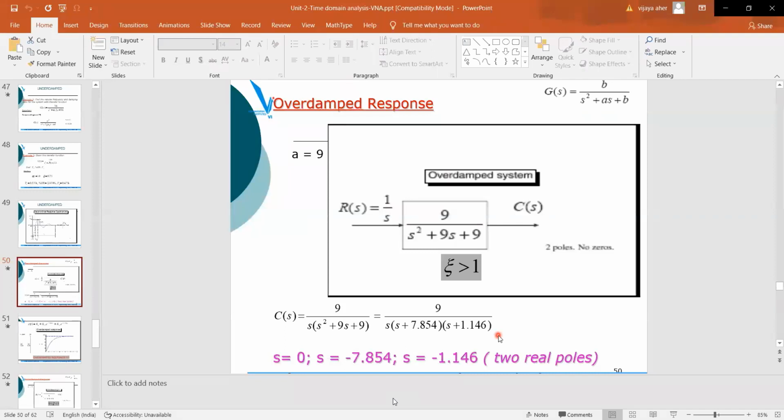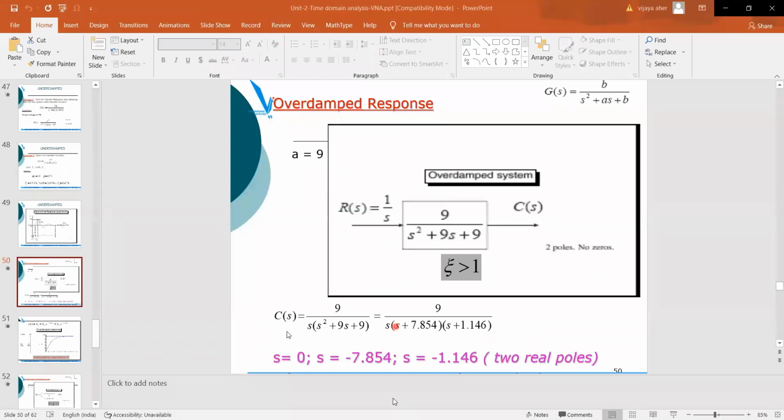Are you familiar with this? Yes, ma'am. Okay, thank you. Just wait, admitting students. Now, in partial fraction, you will get three constants. So just put those three constants over here.